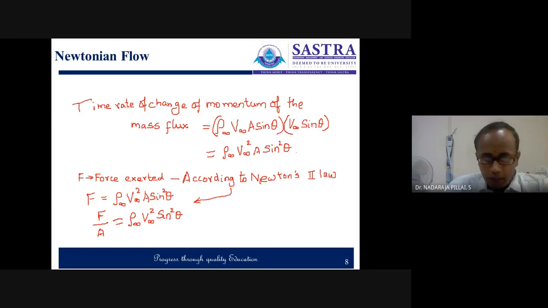So here the point we need to notice is that Newton assumed the stream of particles to be in rectilinear motion, right? That is, he assumed that the individual particles do not interact with each other and have no random motion. But due to the lack of random motion, F is a force associated only with the directed linear motion, right?